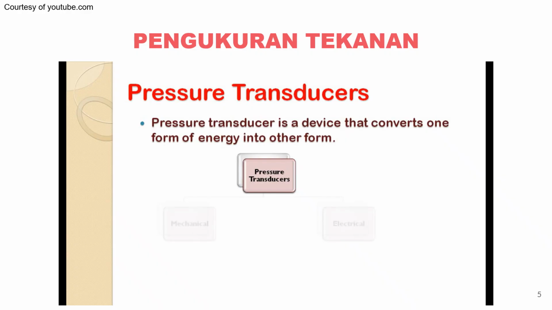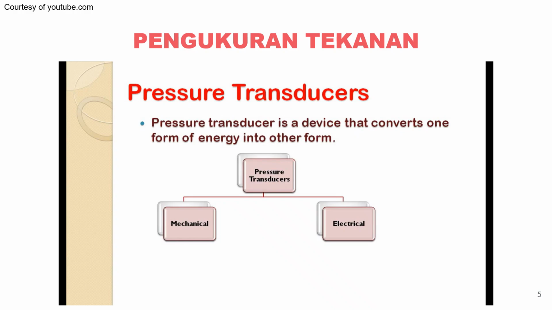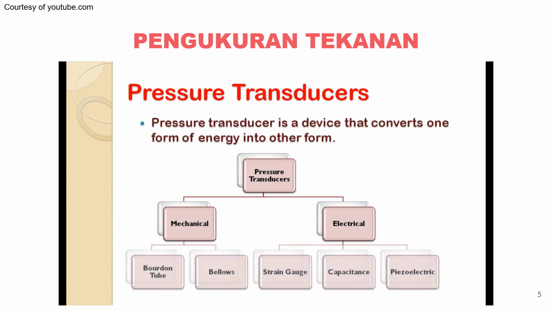The first one is mechanical and the second is electrical. A few examples of mechanical transducers are Bourdon tube or bellows, and in electrical transducers pressure energy is converted into electrical signals. A few examples of electrical transducers are strain gauge, capacitance gauge, or piezoelectric gauge. So let's see how a Bourdon tube gauge works.